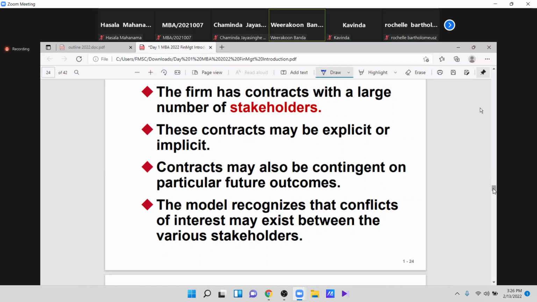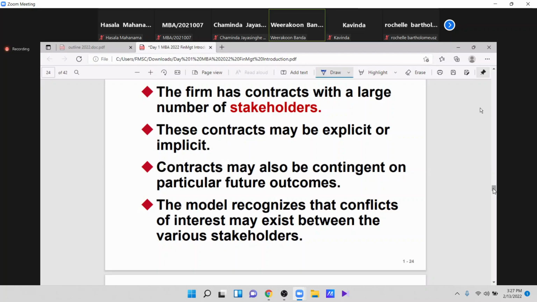Due to different reasons and different outcomes, contingent claims can happen. Sometimes we have to pay them more gratuity or compensations, depending on the request.